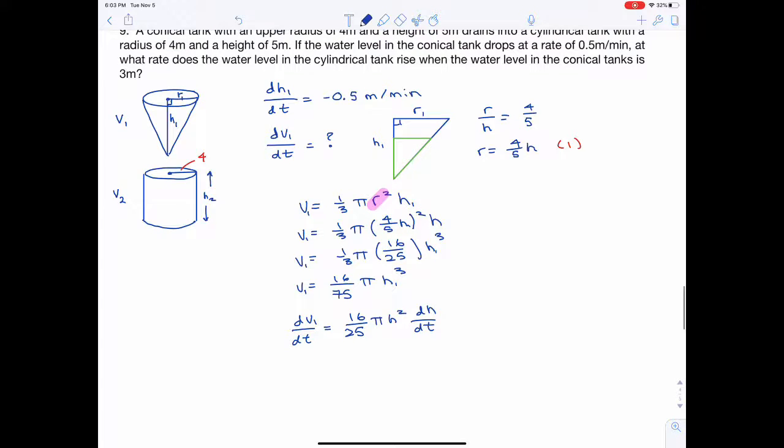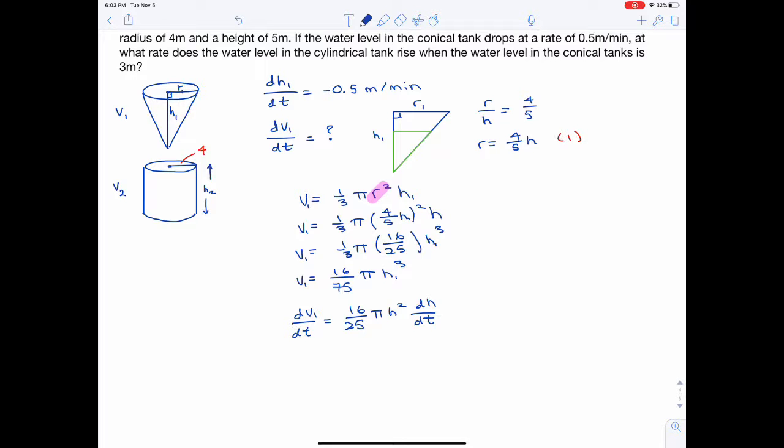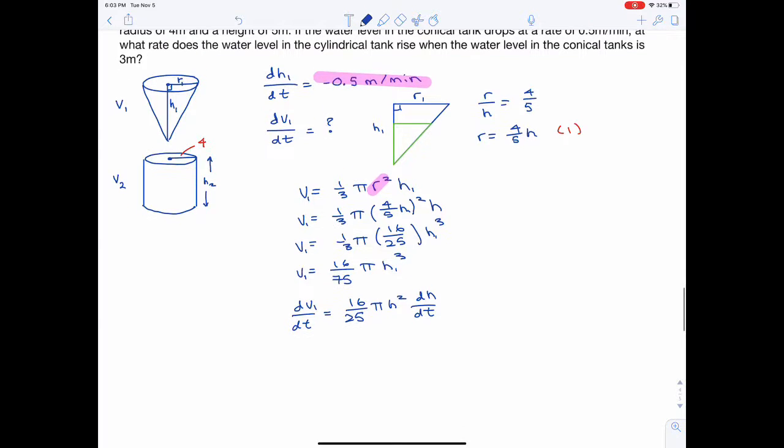Now remember, I want to find the rate of change of the volume, so all I need to do at this point is replace dh dt with this information right here. So I keep on forgetting those little ones.